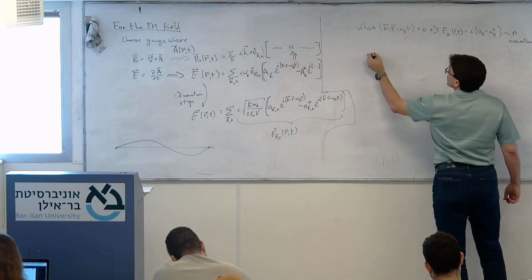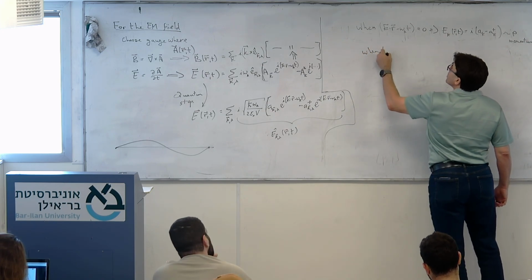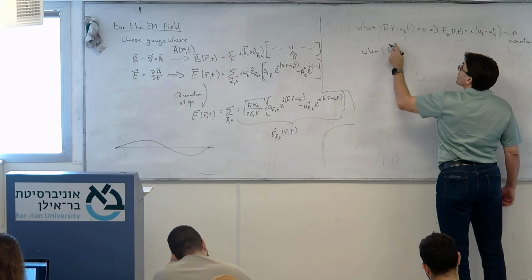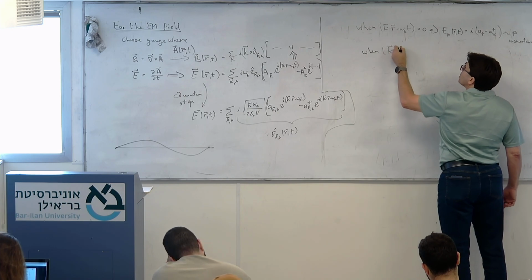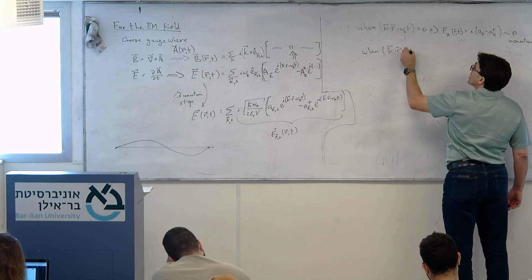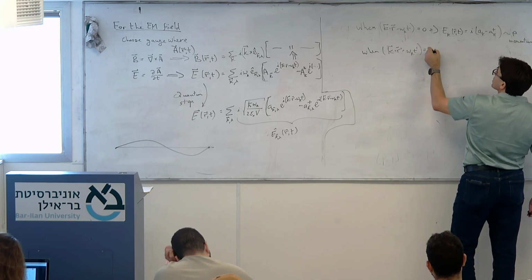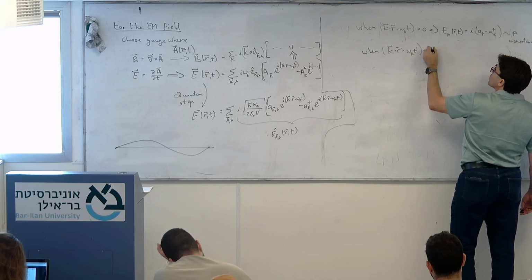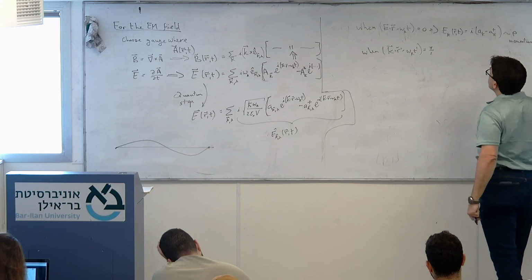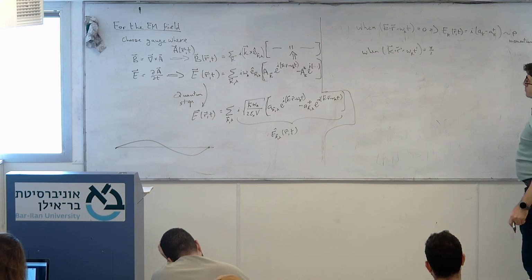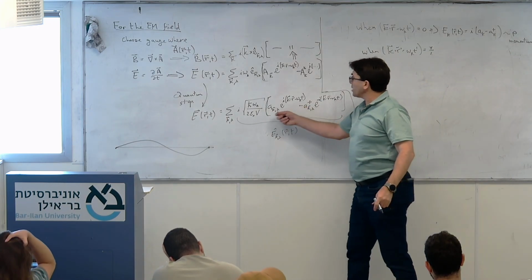And when k dot r prime minus omega k t prime equals, I don't know, pi over 2, then this is an i.